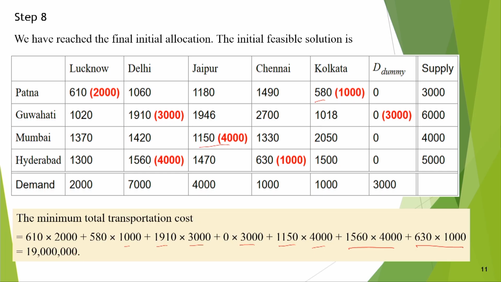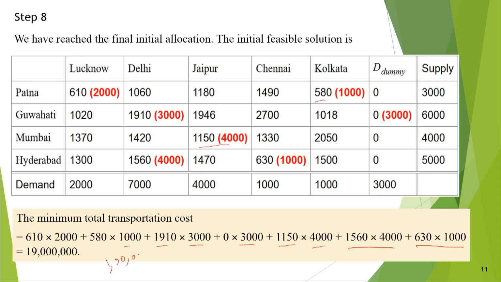See, 1, 2, 3, 4, 5, 6, 7, okay. So that is basically 1 crore and 90 lakh.